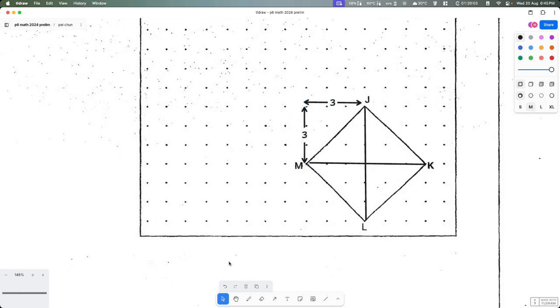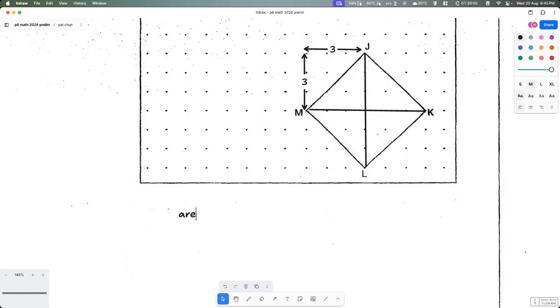Right, so that means area of JKLM is equal to 4 times triangle, which is equal to 4 times half times 3 times 3, which is essentially 2 times 9, and this is 18, right?